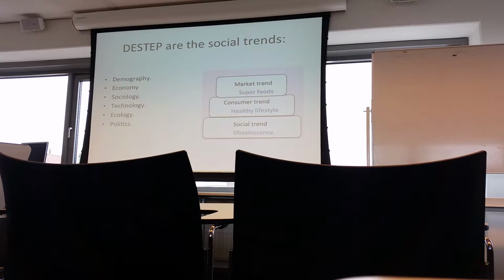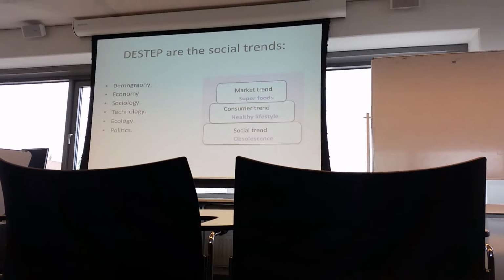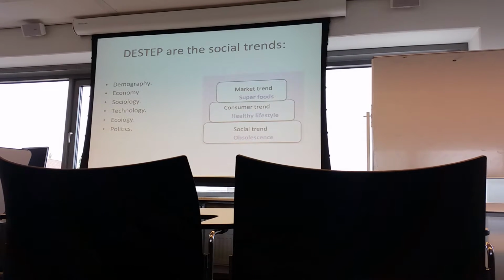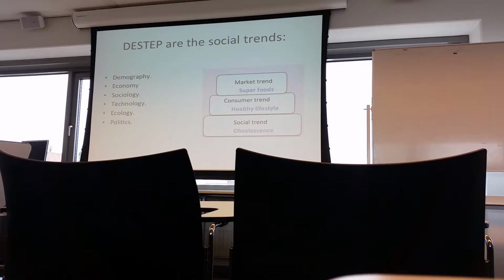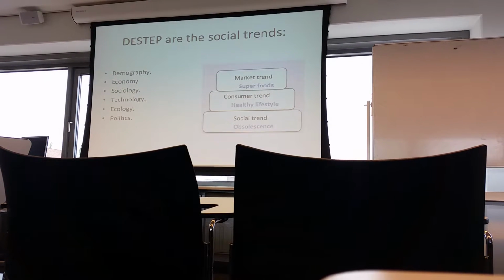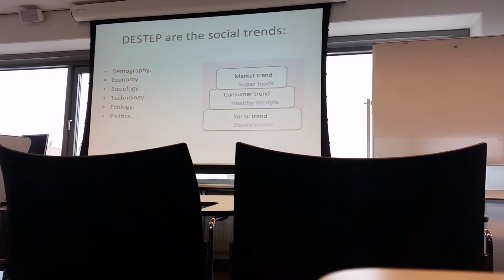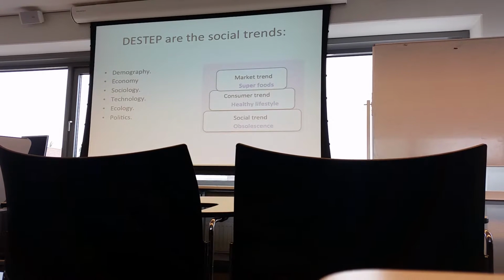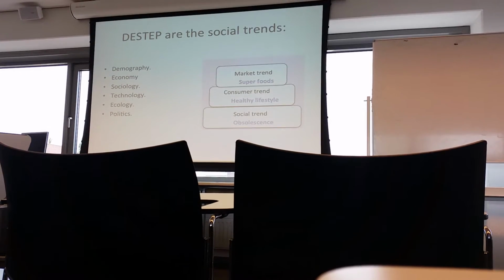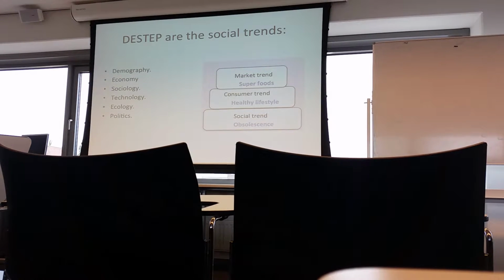So you have to understand what is the D step, what does DESTEP stand for, and how is it related to social trends. Yeah, so that is a one-side learning thing, like, okay, what is this step, but also inside, how to apply it, and what's the goal of it in connection to the social trends. How do we use it?